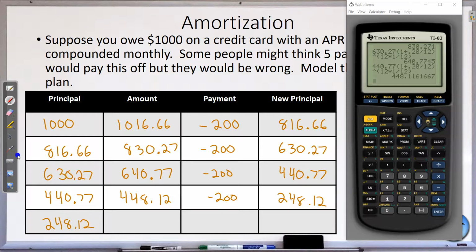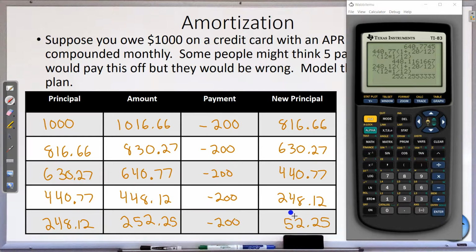We get charged interest one more time. $248.12 goes up to $252.25. Minus 200 again. And so we are now at $52.25.